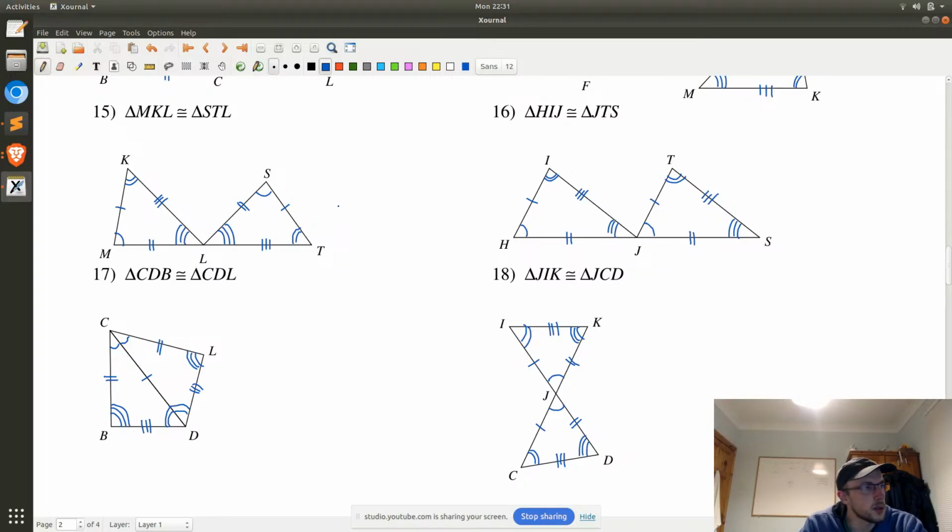Okay, so they differed a little bit there from MKL. Okay, that's fine. STL, right. Okay, we're in agreement about that. And then going from 2 to 3.